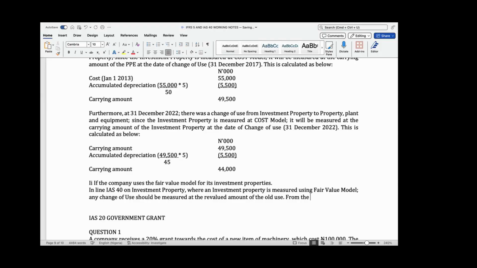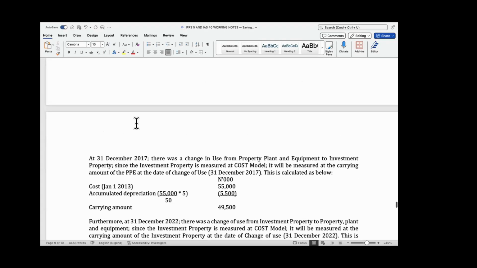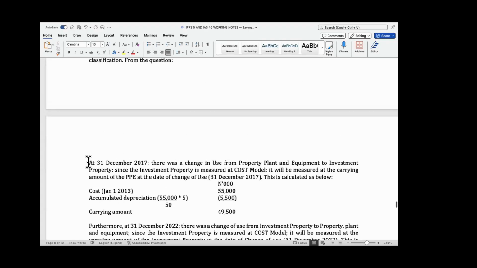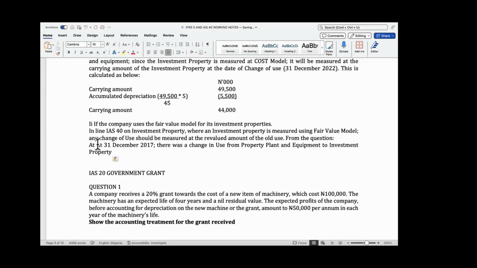So from the question, at 31st December 2017, there was a change in use from PPE to investment property.